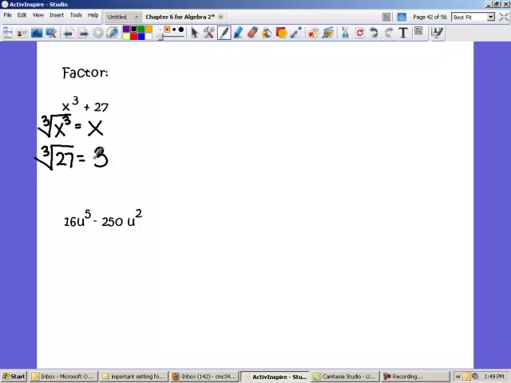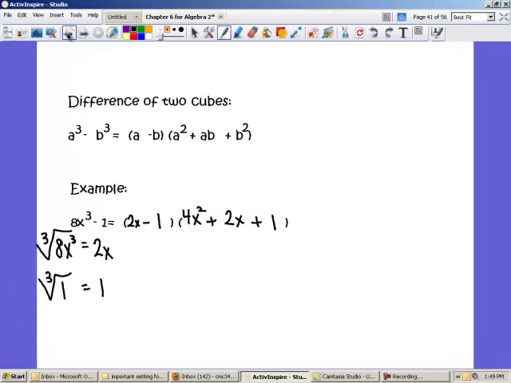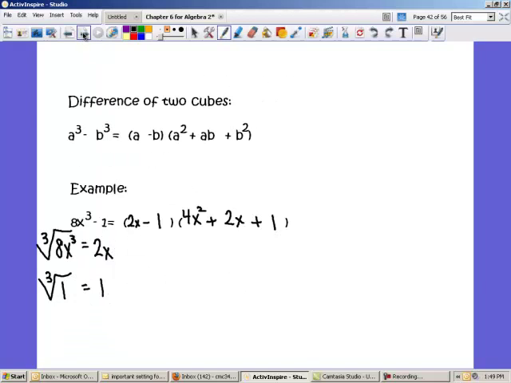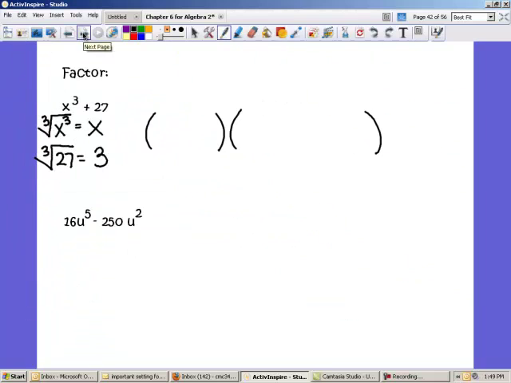Okay, so now we just have to figure out which pattern are we going to use? The difference of two cubes or the sum? And the answer, and I'll flip back so you can see it. If you start out with plus right here, we're obviously going to use the sum of two cubes. So we have plus minus plus. So I'm going to fill that in.